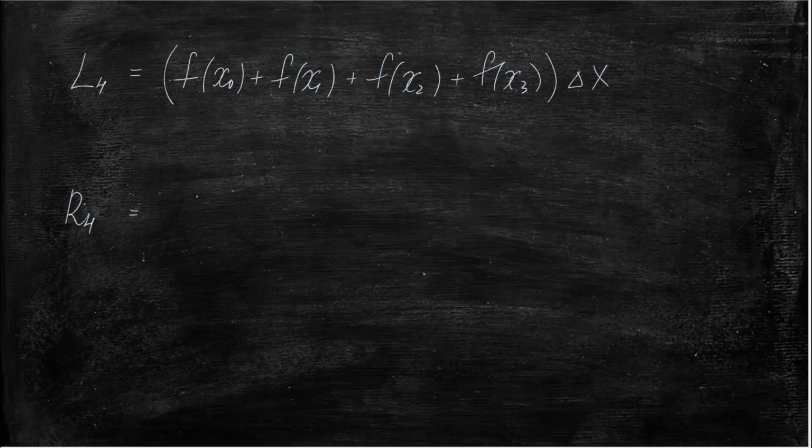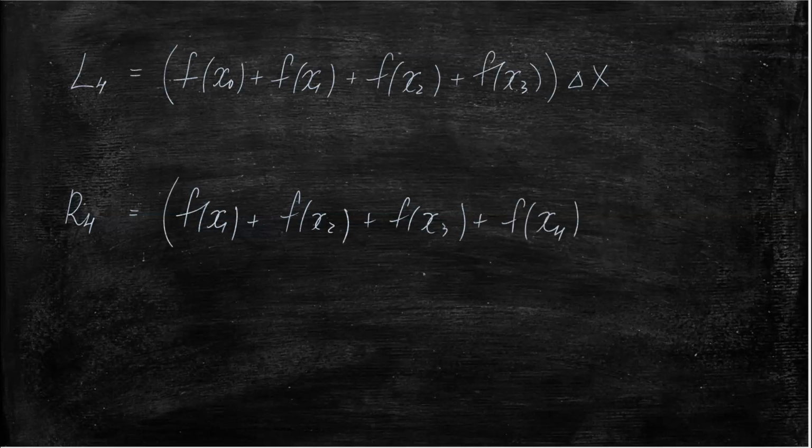R4 was f of x1 plus f of x2 plus f of x3 plus f of x4, all that multiplied by delta x. And M4 has a more complicated formula.